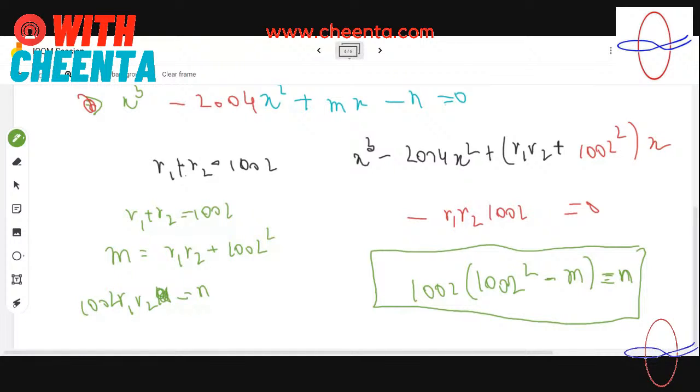Just think about it. Have I done it correctly? Is there any other restriction on r1, r2? Is there any other restriction on m? Is there any other restriction on r1 plus r2 and r1 r2? What do you think, other people? What do you think, guys?